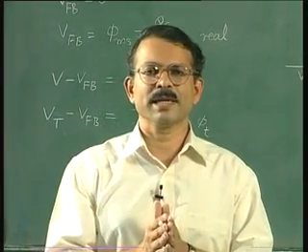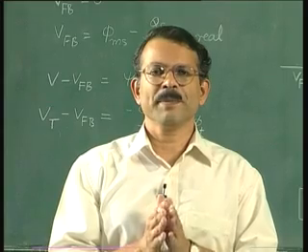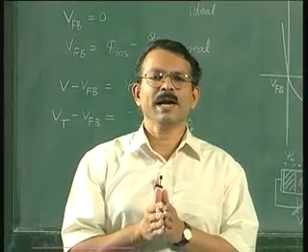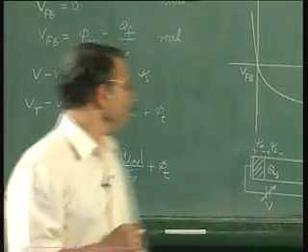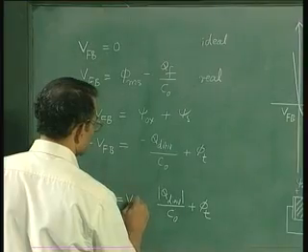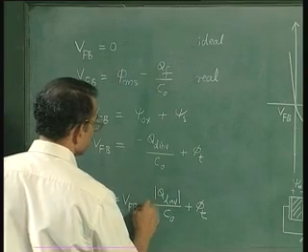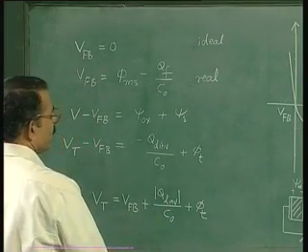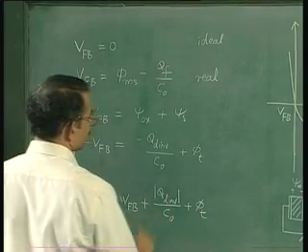Unless otherwise stated, we are assuming a p-type substrate and the equations we show will be valid for p-type substrates. Therefore, the expression for Vt can be written as Vt is equal to VFB plus this quantity, which is the quantity for ideal MOS capacitor.